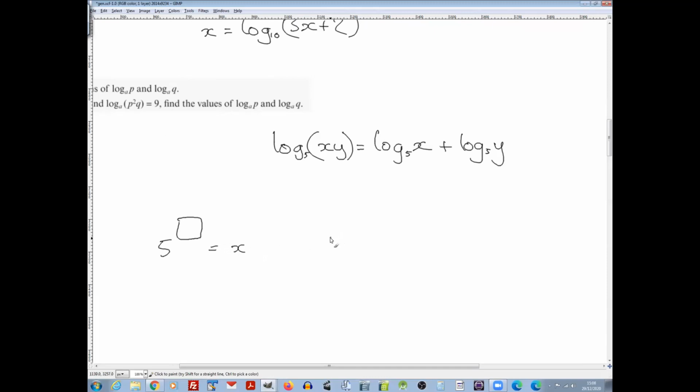How would that relate to the power you have to raise 5 to get x, and the power you have to raise 5 to get y? It would be, well, x, y in that case would be 5 to the power of what? If this is x and this is y, tell you what. Draw that as a circle.